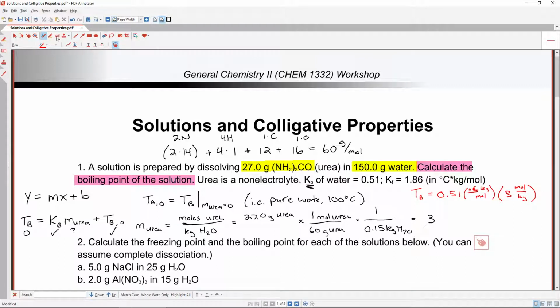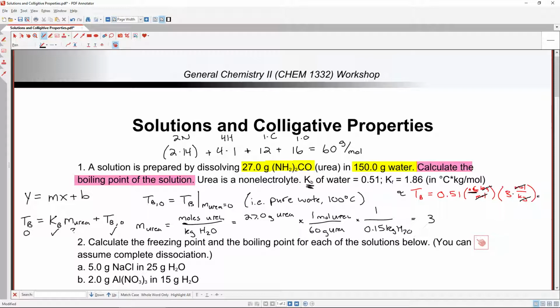Here it's important to see that your units properly cancel out. The units on the left-hand side are degrees Celsius. And here moles cancels out with moles, kilograms cancels out with kilograms. So we're left with degrees Celsius, right? So the units have to match.